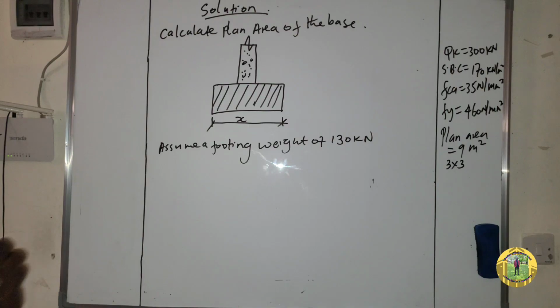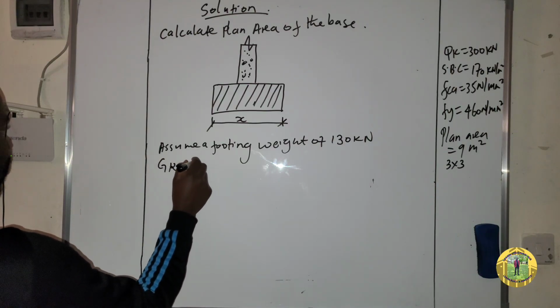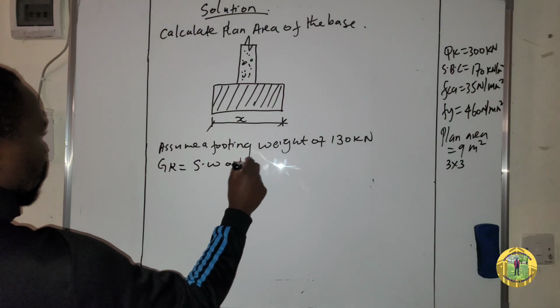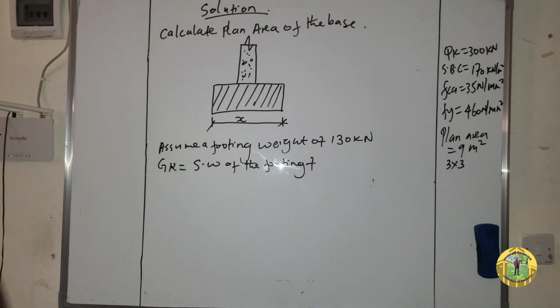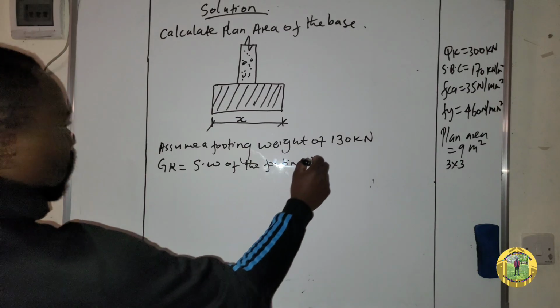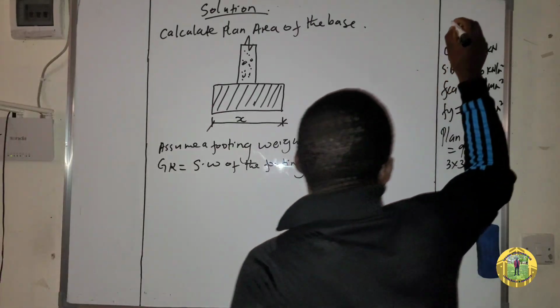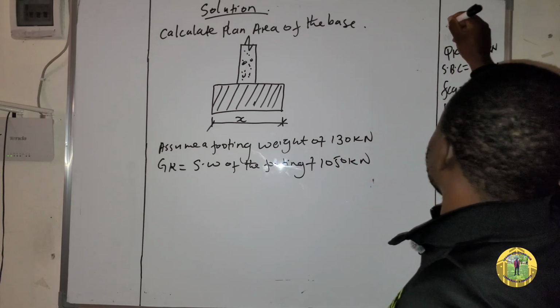Then GK will be self weight of the footing plus 1050 kilonewton. So our GK is 1050 kilonewton.